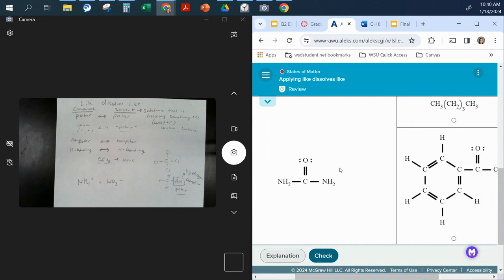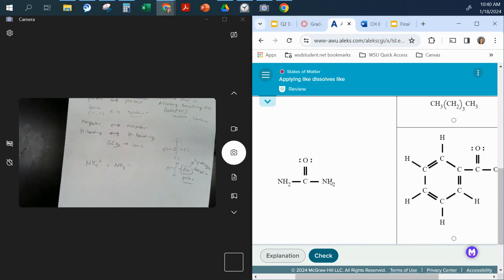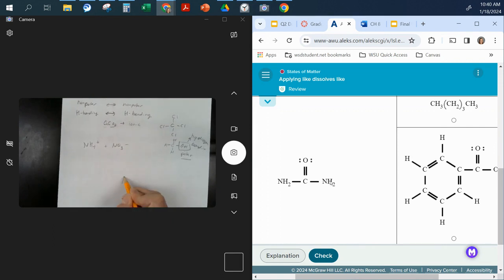Interesting. So we have this carbon molecule. This one has a polar bond right here. This carbon oxygen is going to be pretty polar. So this is going to be polar. Also, we have this nitrogen attached to the hydrogens. And if we drew this out, I'm just going to draw this part right here. So nitrogen connected to two hydrogens.